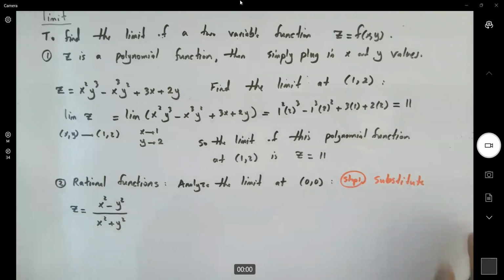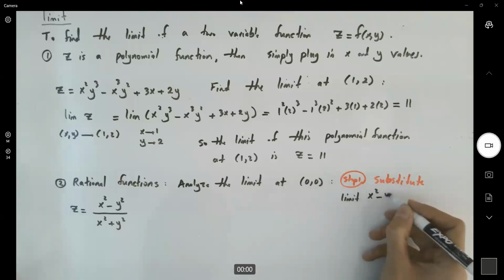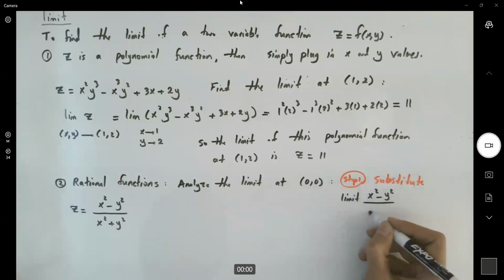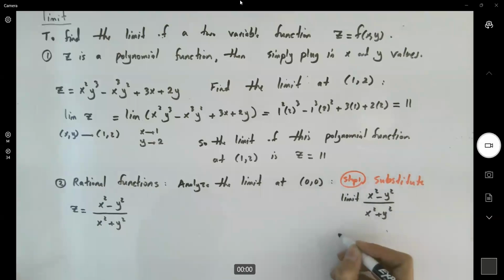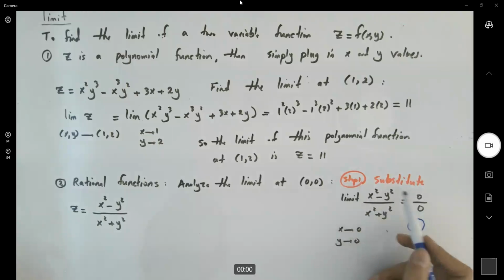So I'm going to follow step 1. Limit of x squared minus y squared divided by x squared plus y squared as x approaches 0, y approaches 0, as we know, is in indeterminate form. We are unhappy here, indeterminate form. It doesn't give me anything. So from step 1, I don't get any useful information here.